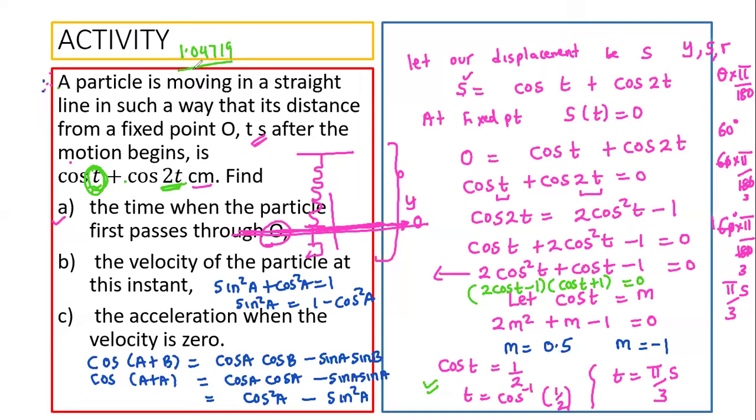1.04719. But the only disadvantage with this one is that your levels of accuracy are going to be low as time goes on. That's why, once you have it in degrees, convert it and write here, such that your levels of accuracy are high. But someone who writes pi out of 3, it's the same thing as 1.0471.